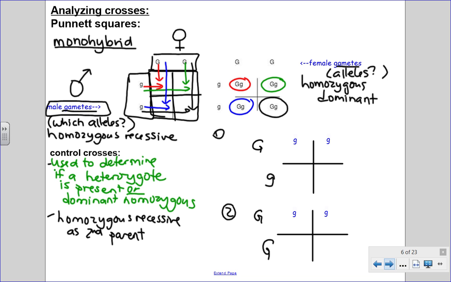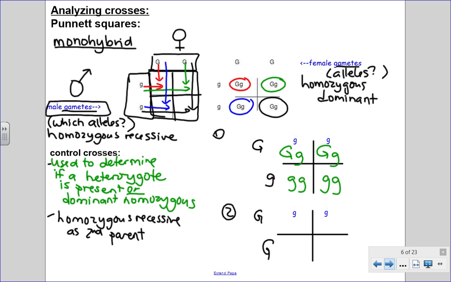In Punnett square 1, I would fill in capital G, little g on the top. So I'm looking at what's to the left and what's above. In my bottom squares, I would put little g, and then little g, because that's what's to the left and above.